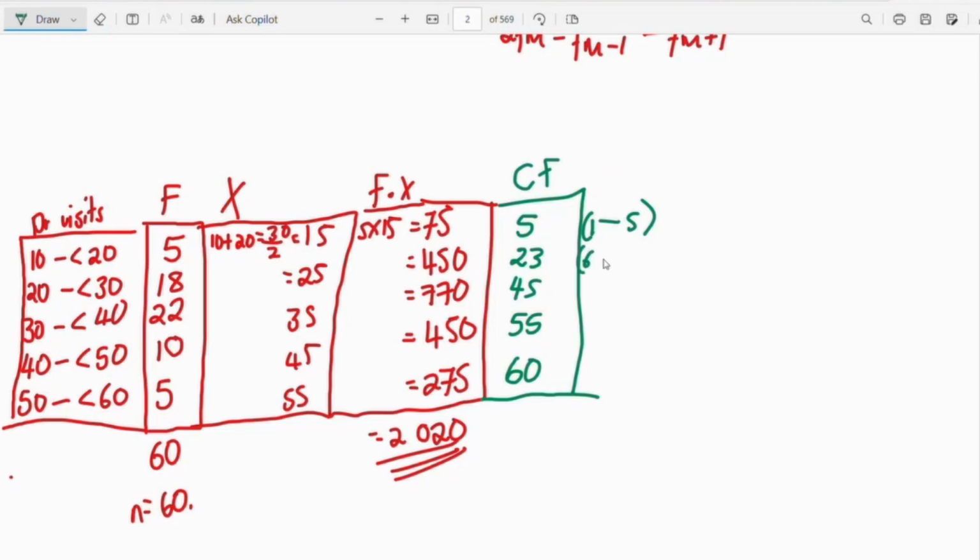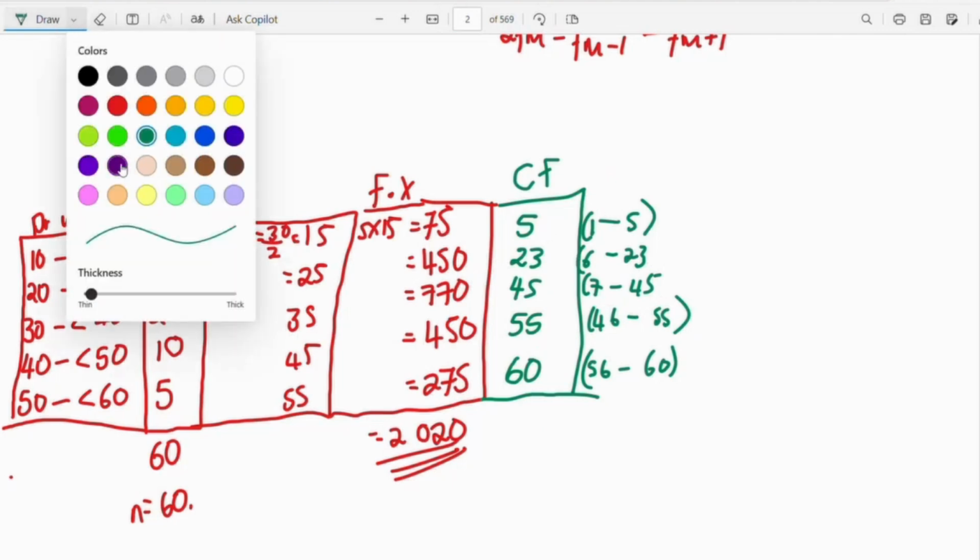From 6 until 23, they are here. From 7 until 45, they are here. From 46 until 55, they are here. From 56 to 60, they are here. Right? Now, where would 30 be? The number 30 would be somewhere here.